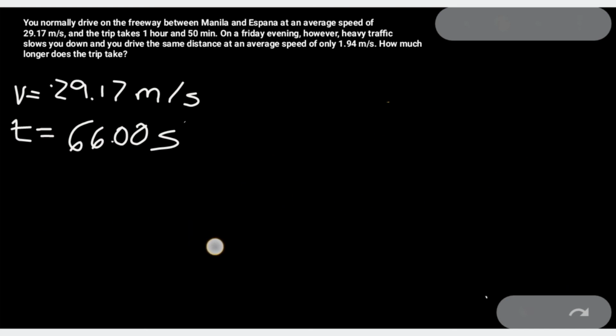Now we are looking for the distance. So the distance is equal to v times t, like what we all know.